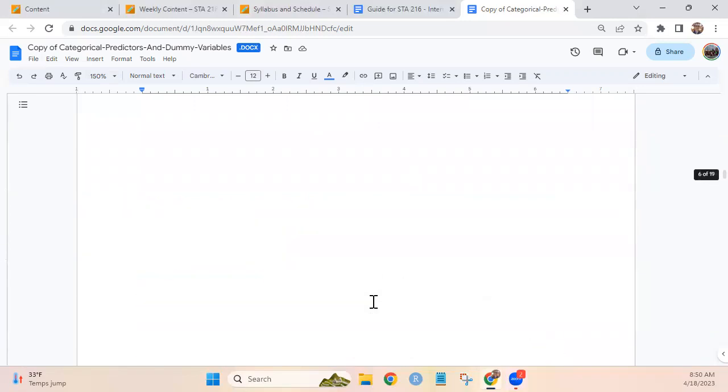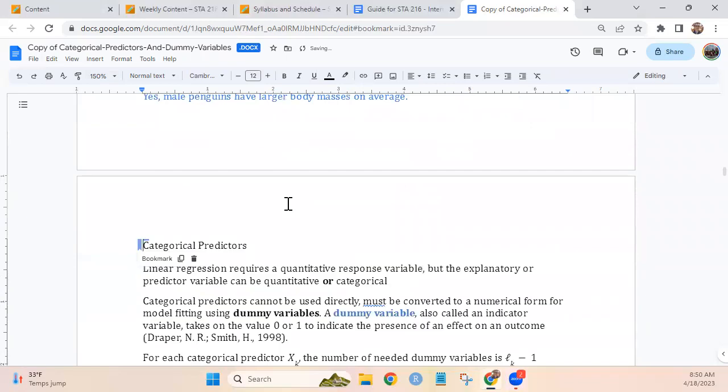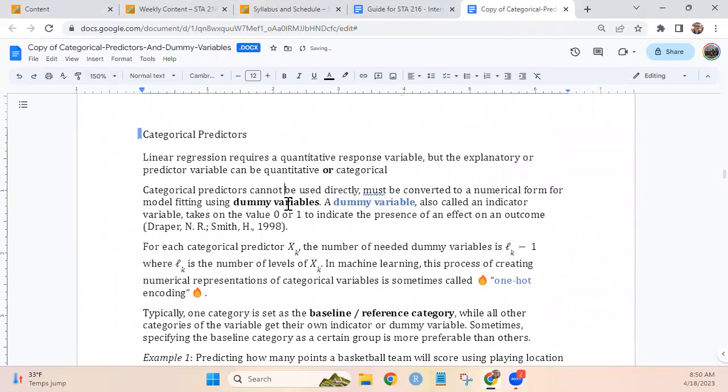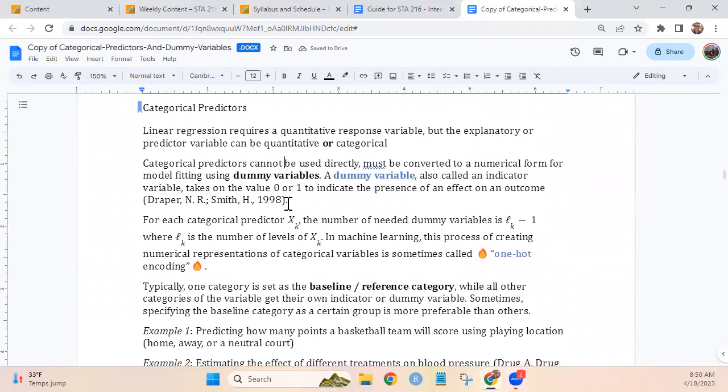Okay, and then talking about how we can use categorical information, we essentially need to reframe the problem into something that we know how to do.